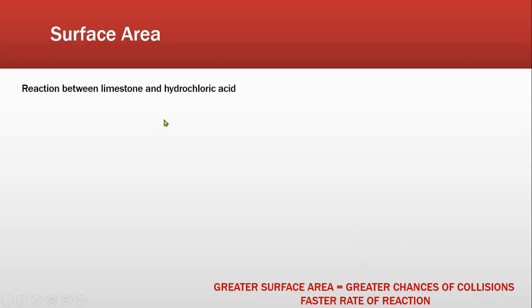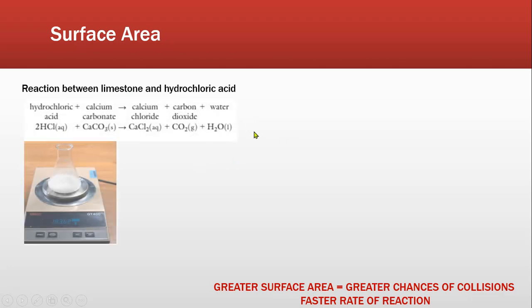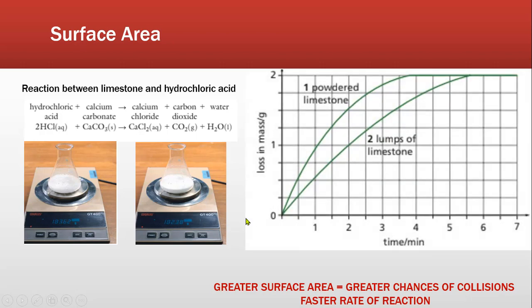Take, for example, the reaction between limestone and hydrochloric acid. This is the chemical reaction taking place, right? This is the mass before, and this is the final mass. So what we do, we plot a graph of loss of mass versus time.